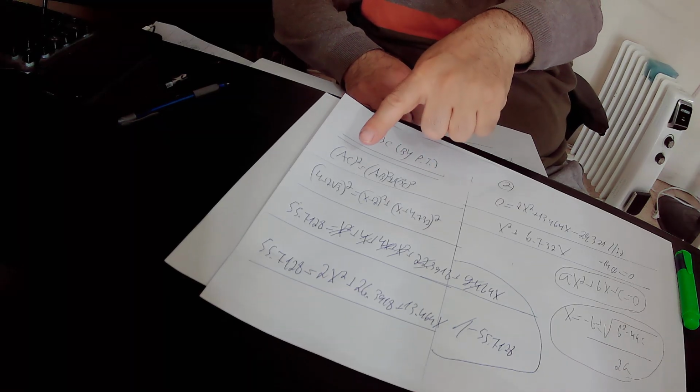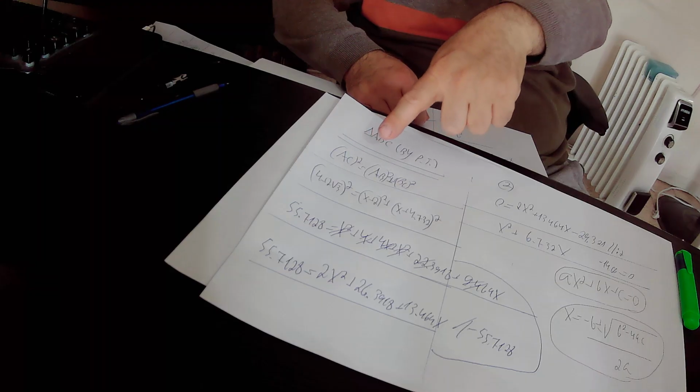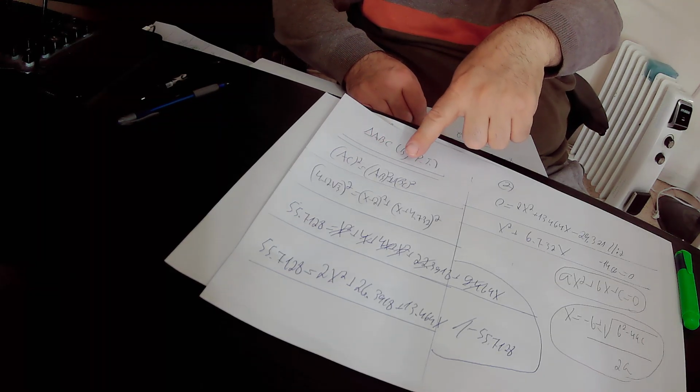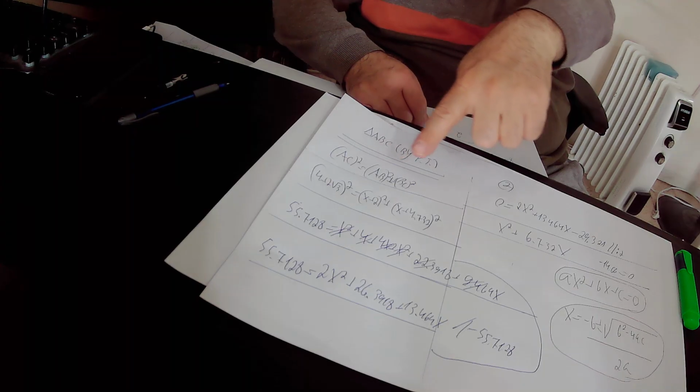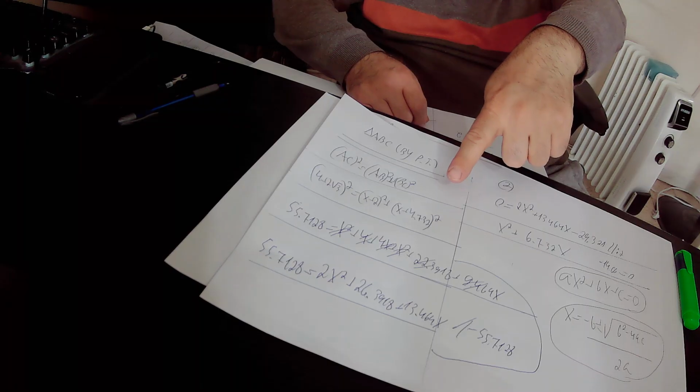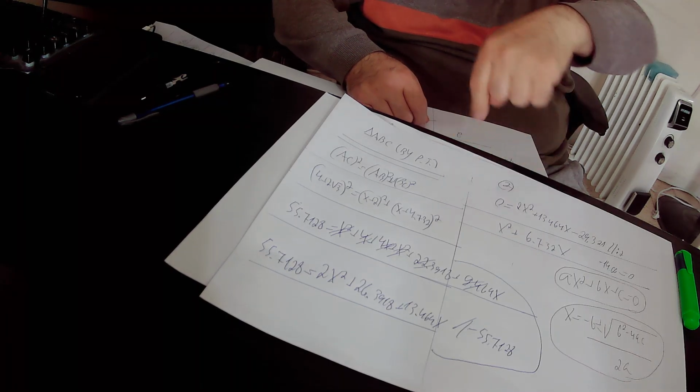AC is 4 plus 2 times square root of 3, therefore AC square is 4 plus 2 times square root of 3 square. AB is x plus 2, therefore AB square is x plus 2 square, plus BC square. BC is x plus 4.732, therefore BC square is x plus 4.732 square.